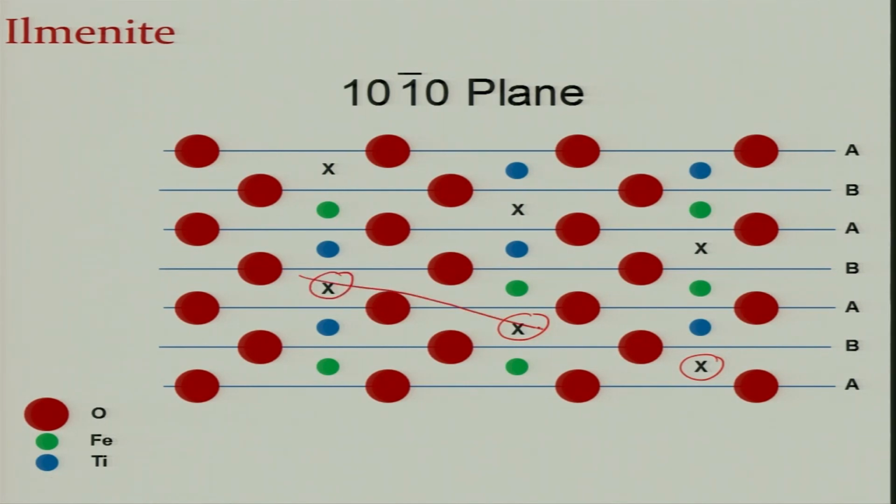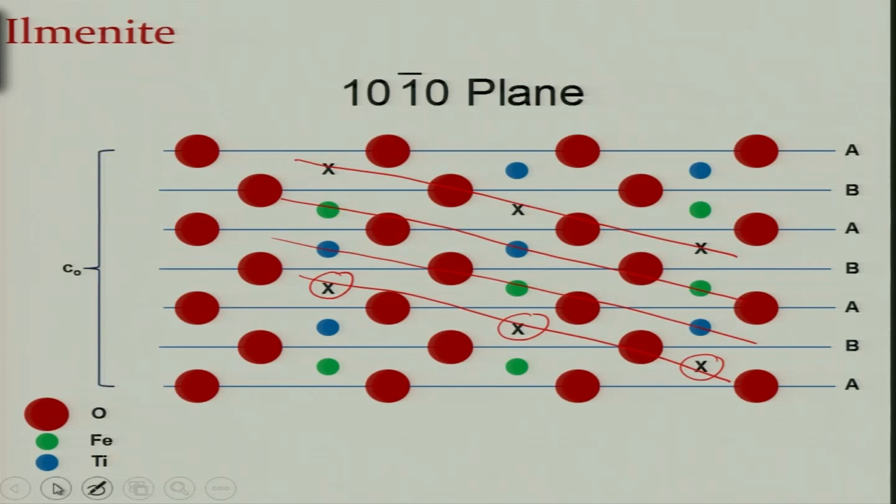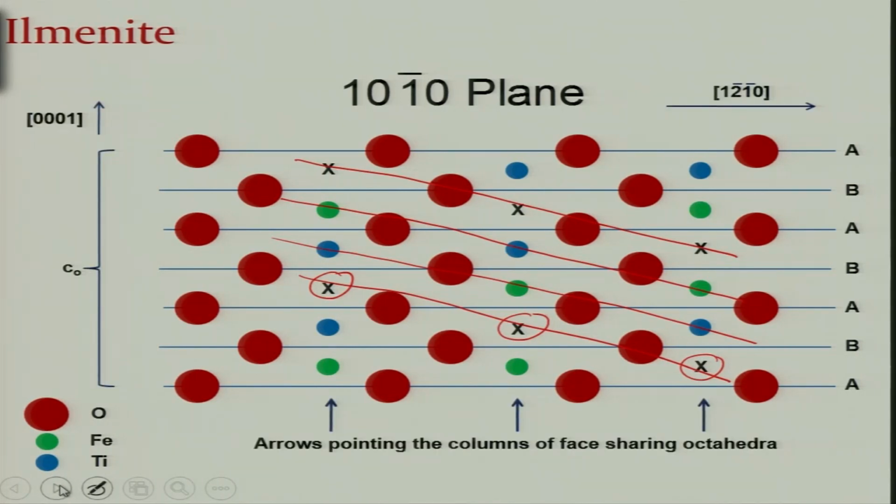You can see that it has to go progressively in this fashion. Even this way you can see iron, titanium, iron, titanium. So it is alternatingly coming in every direction, and this is basically similar to the Al2O3 structure, except that now you have one layer of iron, one layer of titanium. And the next variant of this is again the same thing.